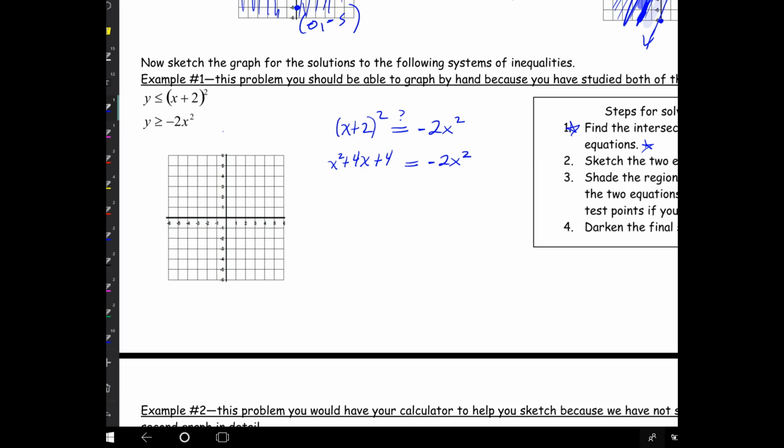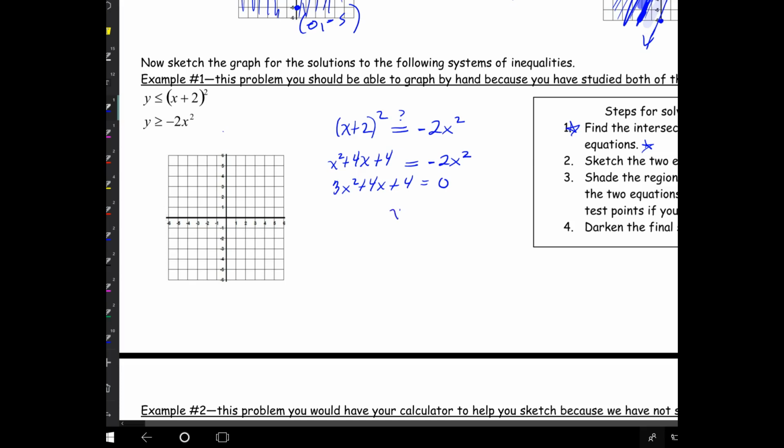How would we go about solving that then? Add 2x squared, and we would have 3x squared plus 4x plus 4 equals 0. How would I solve this? It's not factorable, so what do we do if it's not factorable?